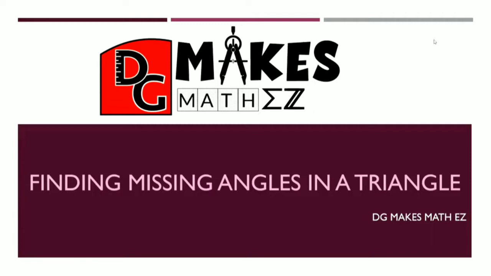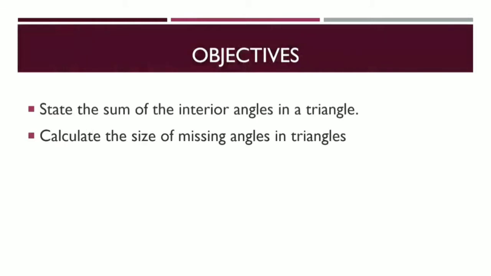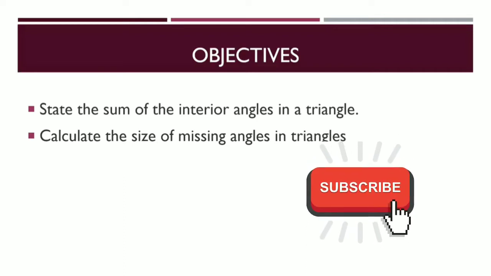All right, so today we're looking at one thing in essence, which is to find the size of missing angles in a triangle, or calculate. So first of all, we need to know what is the sum of the interior angles of a triangle. What do I mean by interior? That simply means inside.